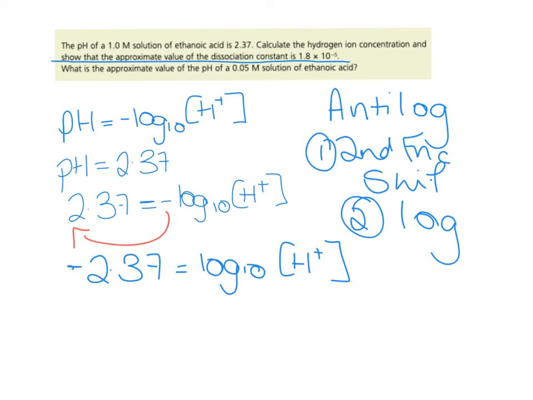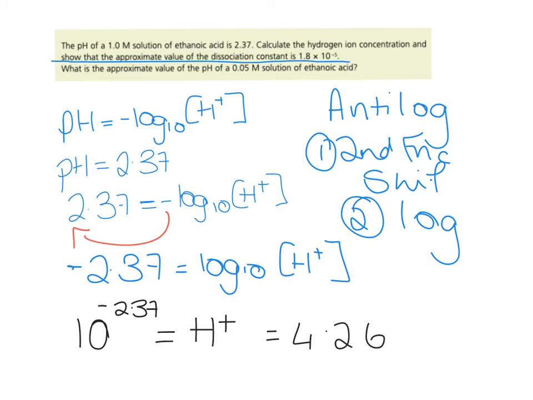So into our calculator the number 10 should appear and a little box, and into the little box we put minus 2.37. Don't forget to carry the minus sign down with you, and that's equal to our H plus ion concentration. When you calculate that, I get a value of 4.266 by 10 to the minus 3.